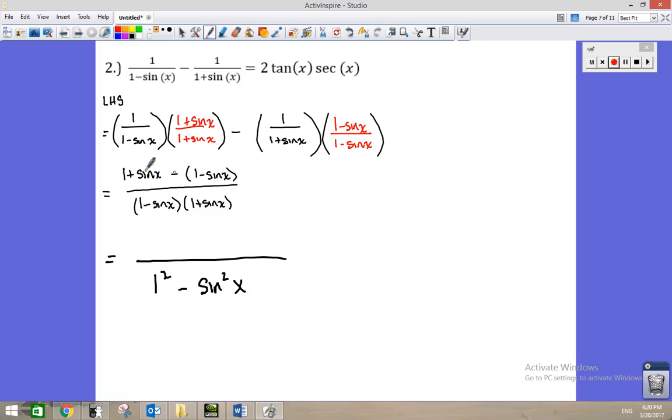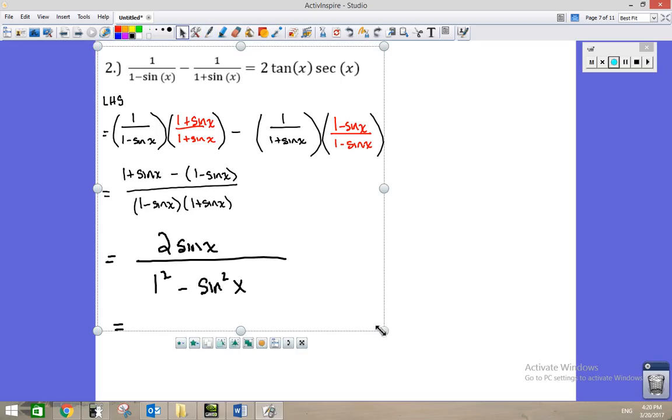Up here, we've got 1 minus 1, and that cancels. And when you subtract a negative sine of x, that becomes positive, so we have 2 sine of x. And 1 minus sine squared of x by the Pythagorean identity is cosine squared.